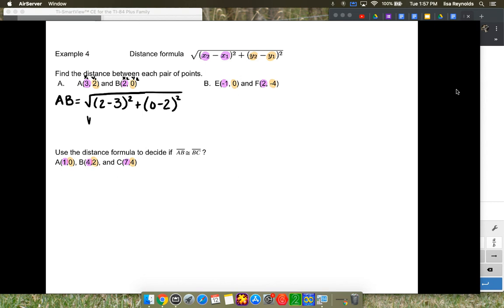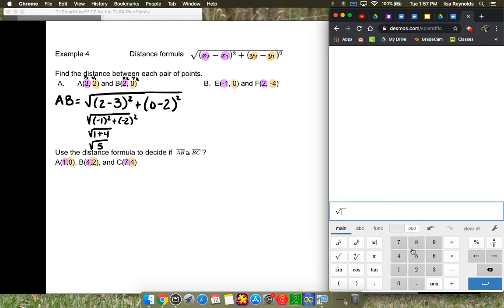If we go through order of operations, you would do the two parentheses first. 2 minus 3 is negative 1, and 0 minus 2 is negative 2. We would then do the exponents. Negative 1 squared is 1 times 1, and negative 2 squared is negative 2 times negative 2. And then we would do the addition. You would then either leave this in simplest radical form, or use the calculator and do the square root of 5. So this is approximately 2.24.